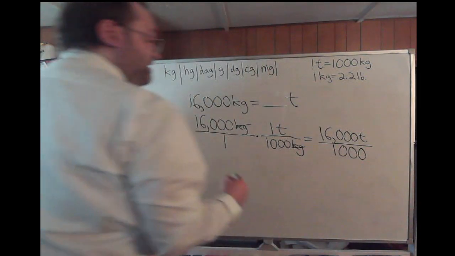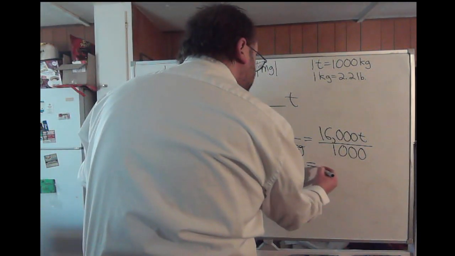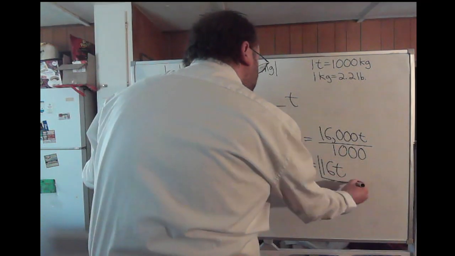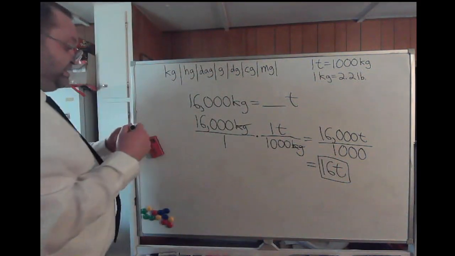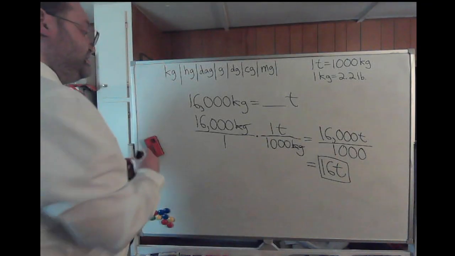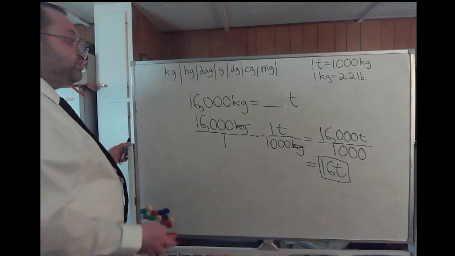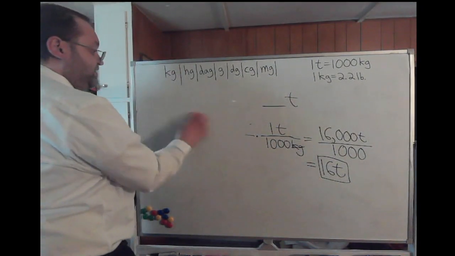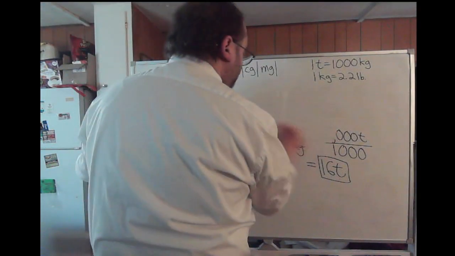Well, 16,000 divided by 1,000 is just going to be 16. So your answer: in 16,000 kilograms, there are 16 metric tons. Pretty simple. If you can remember that there's 1,000 kilograms in a metric ton, you're good to go.